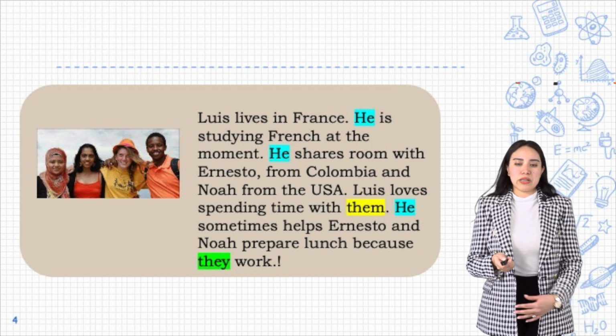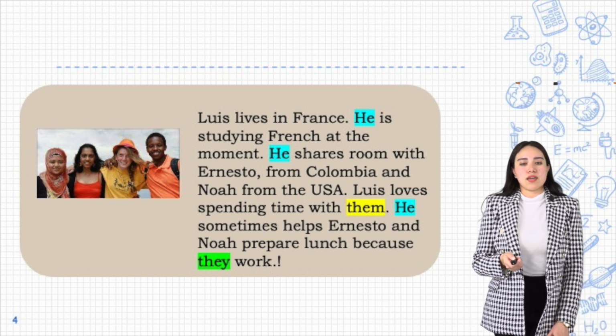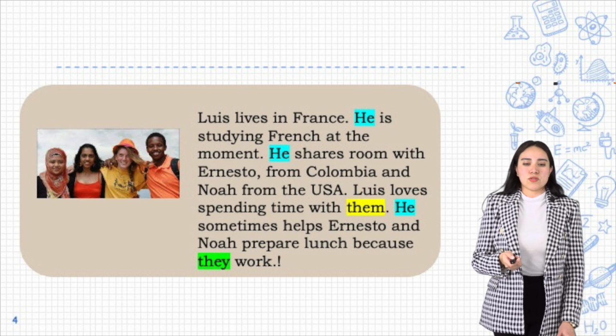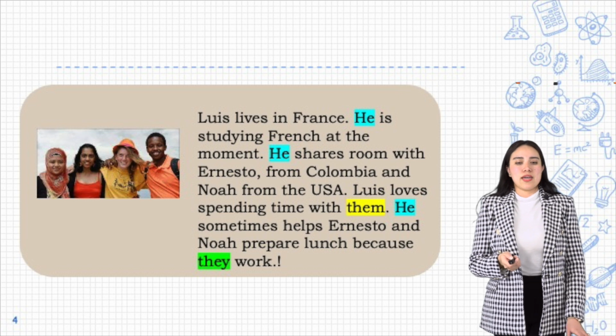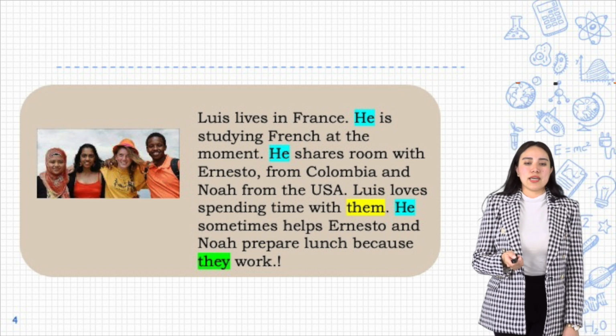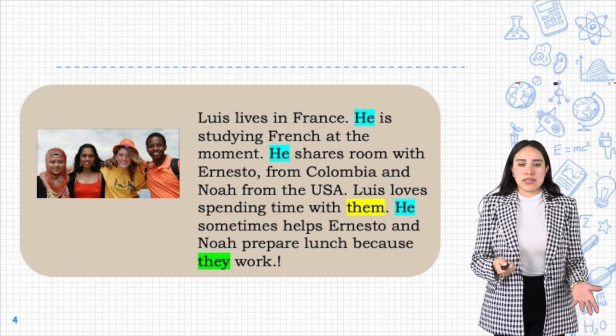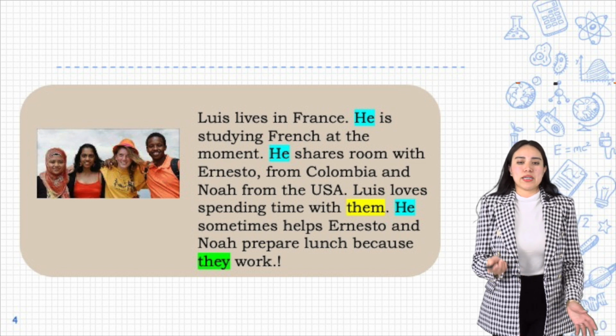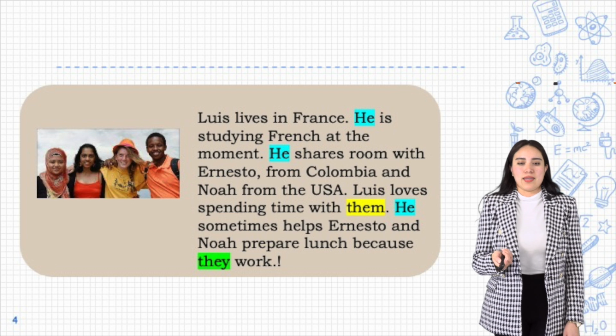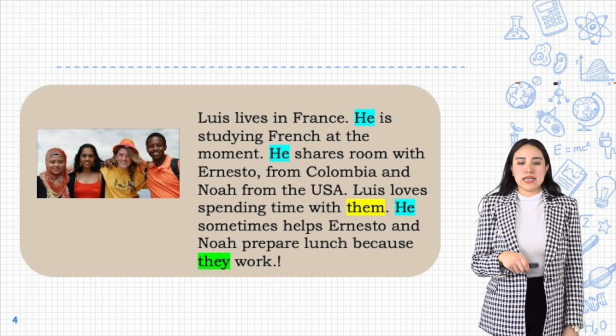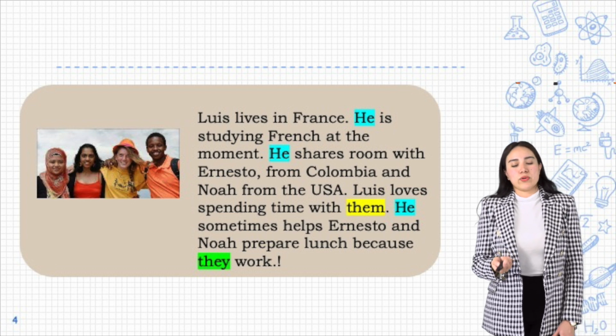So we're gonna replace these names again and use "they" instead of Ernesto and Noah. We are gonna say "lunch because they work." So what happened with these words? We have "he," and "he." So we have the word "them" and we have the word "they."